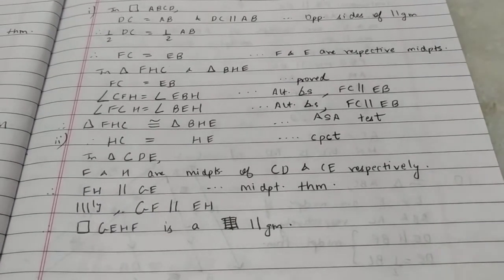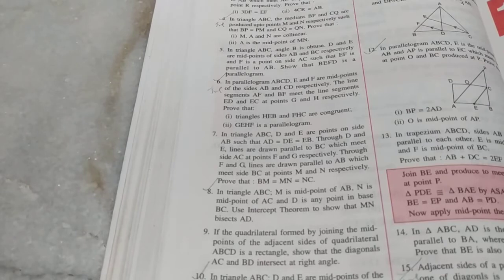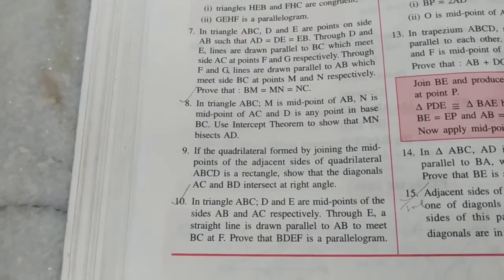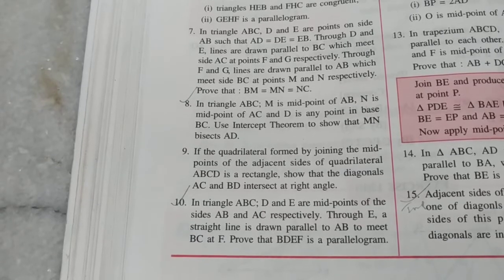Next, the eighth sum. In triangle ABC, M is the midpoint of AB, N is the midpoint of AC. Come on, draw the diagram. And we have to prove that MN bisects AD.